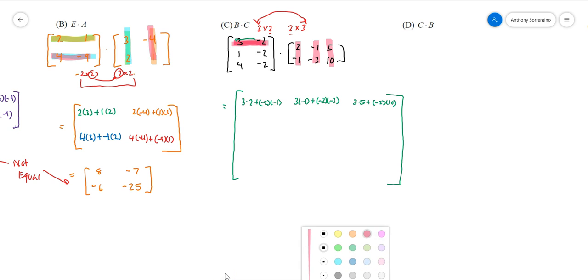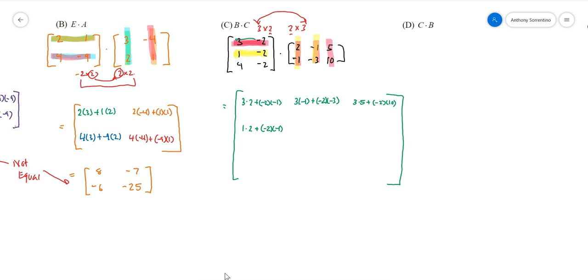Now I'm going to do this row and this column. So I'm going to have 1 times 2 plus negative 2 times negative 1. Now I'm going to do this row and this column.